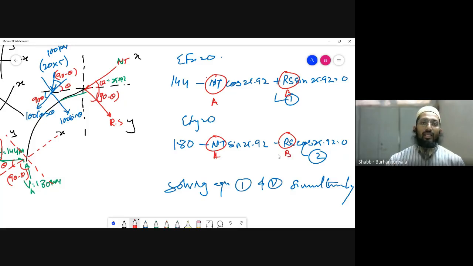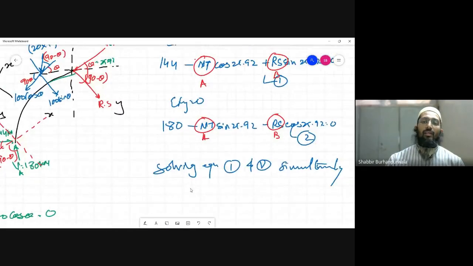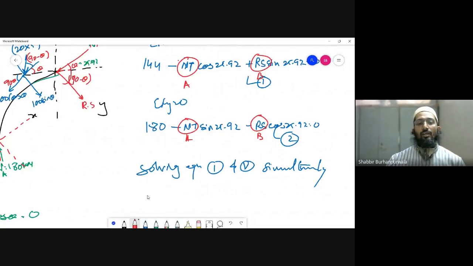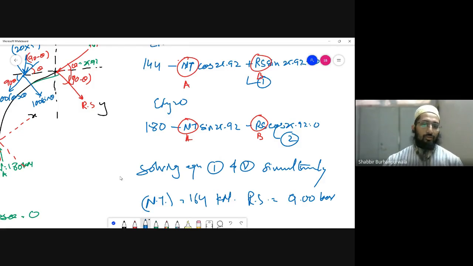Calculator में रहता है ना ax plus by plus c, तो इस फॉर्म के अंदर आप उसको कैलकुलेटर के अंदर सब्स्टिट्यूट कर सकते हो and you can get the value of NT and RS. So by this formula calculate the value of NT and RS and check if you are getting the same answer. Please check if you are getting the same answer or not.